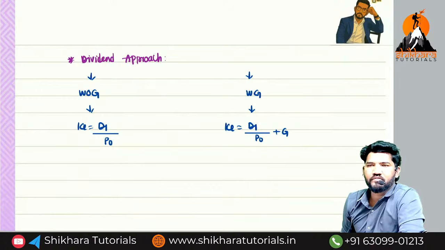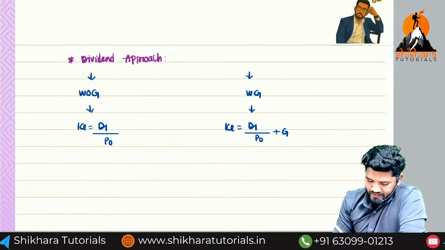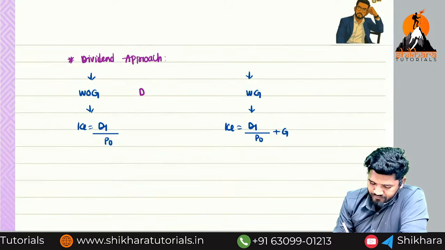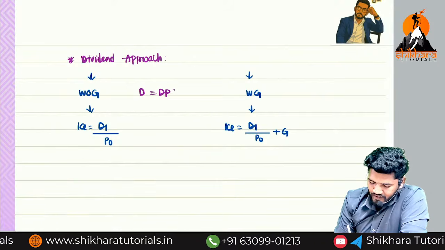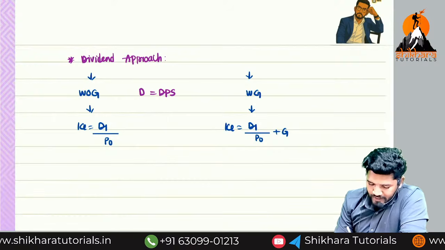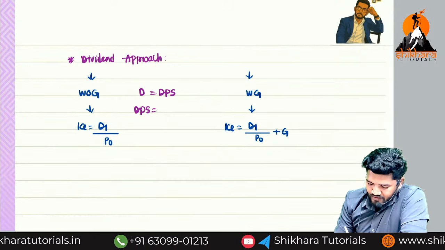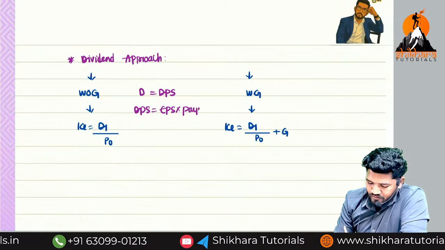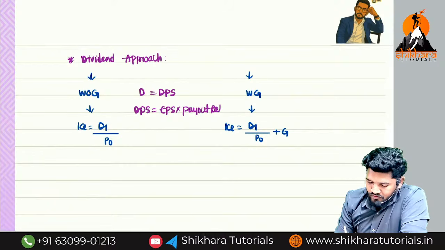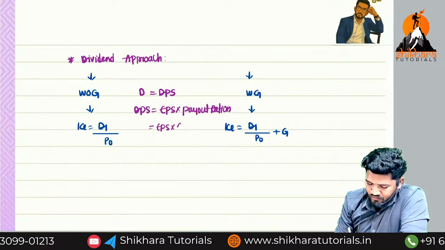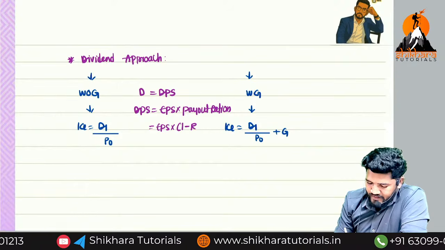Hope you are clear? The point you need to understand is that D represents DPS, dividend per share. Now, DPS calculation: EPS into payout ratio, or EPS into 1 minus retention ratio.